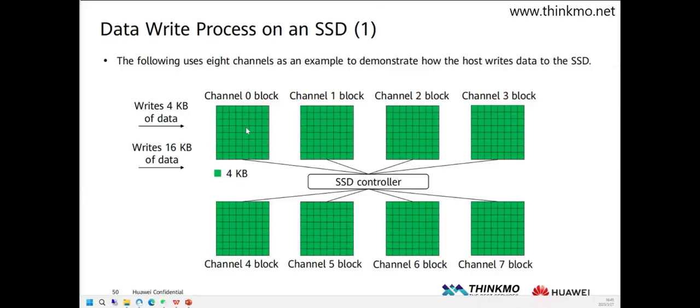First, we write 4 KB of data into our block. When the user wants to write this 4 KB of data, for example in the first block, it exactly occupies 1 slot.